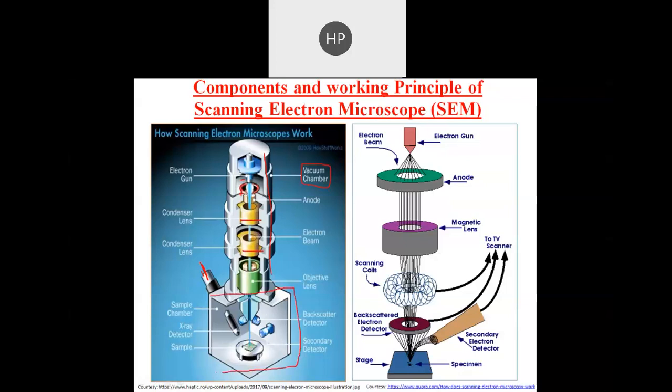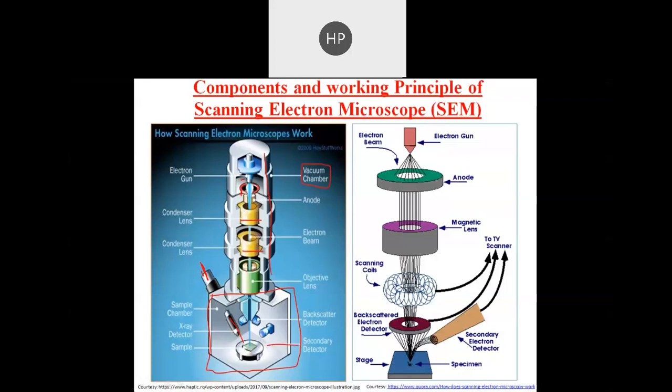This whole area is known as the sample chamber. When the electrons strike the specimen, various electrons are generated, and those are detected by the X-ray detector.